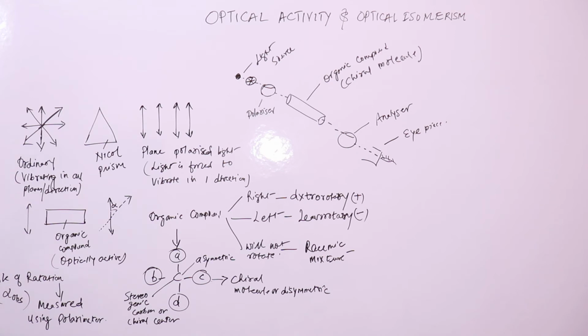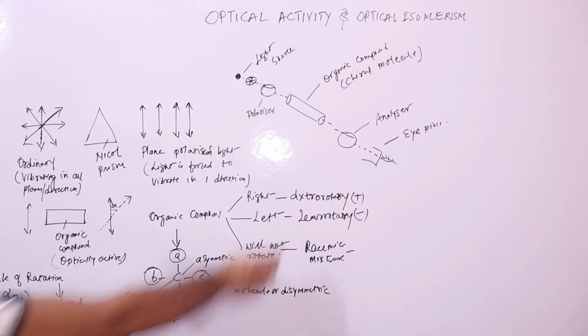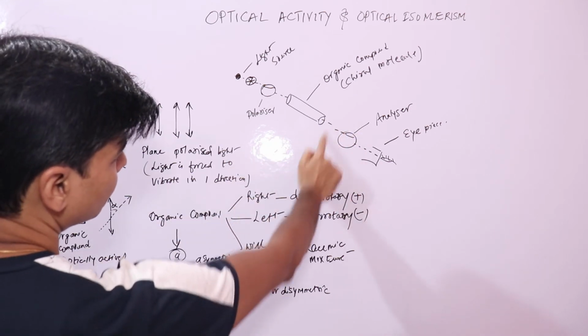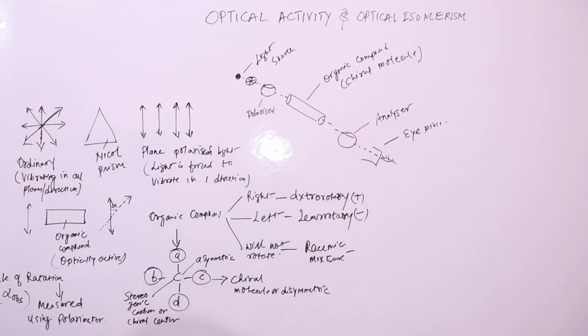It consists of a light source, a Nicol prism, a sample tube, a second prism, and an eyepiece. The first Nicol prism is our polarizer. The other one is an analyzer. The analyzer can be rotated. This second Nicol prism can be rotated along the principal axis, and is provided with a scale to measure the angle of rotation.